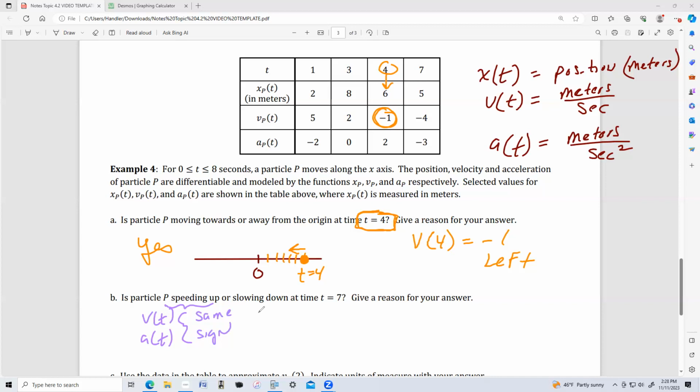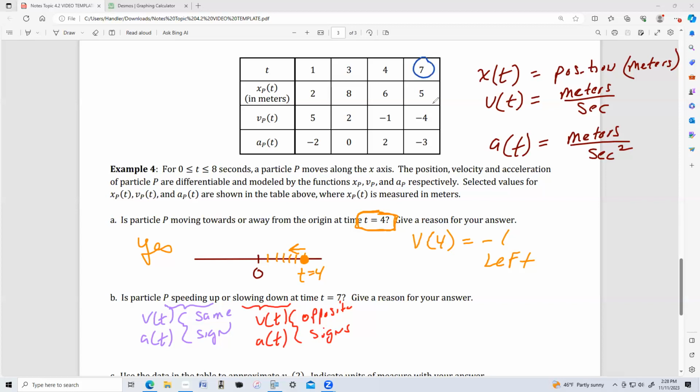And slowing down is when the velocity and the acceleration have opposite signs, because it's like the forces are fighting each other. Okay, opposite signs. Well, let's take a look in the table here. Let's see what is going on at time 7.